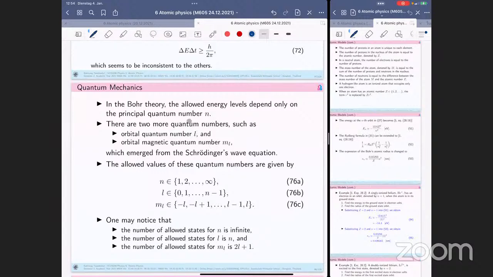The first one is n, the small n, the principal quantum number, and the next one is the orbital quantum number, denoted by L. The third one is the orbital magnetic quantum number, denoted by M sub L. L will depend on n, and M sub L will depend also on L.